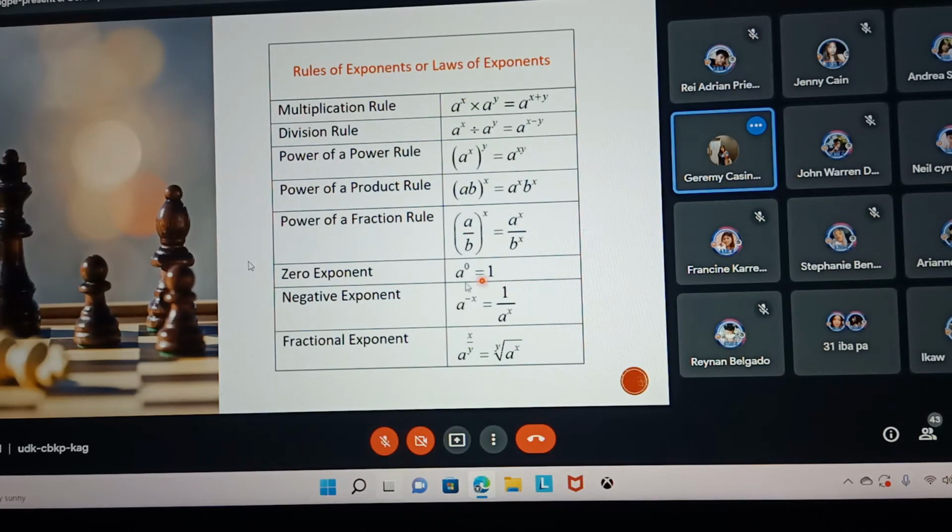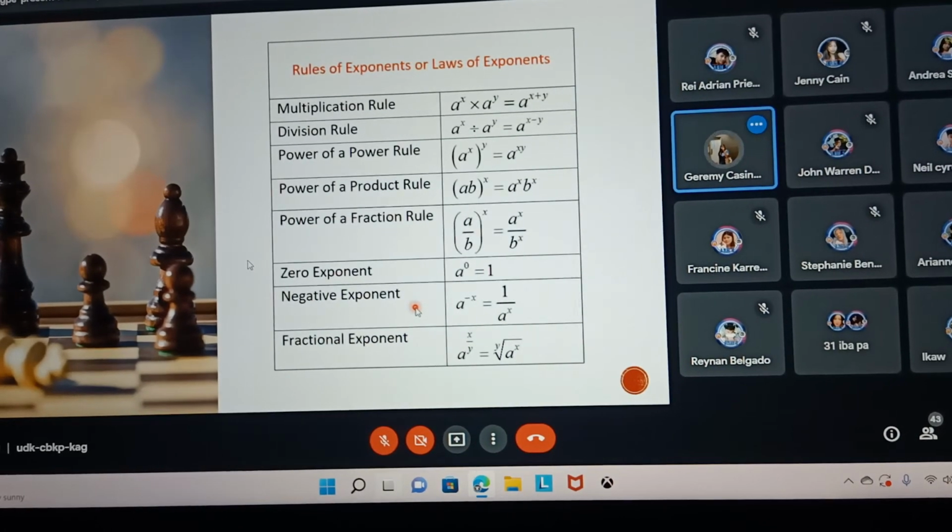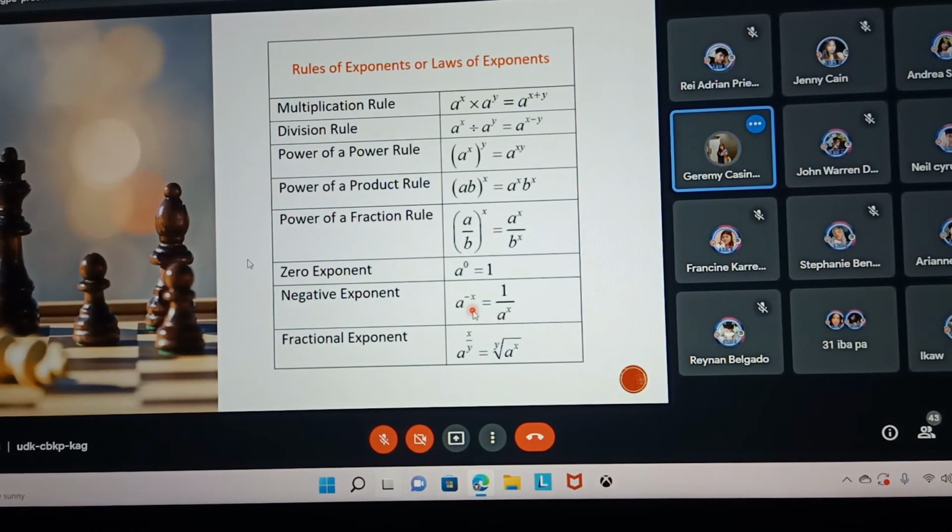Okay? Next, negative exponent. So, bawal kasi ang merong negative exponent. So, para maging positive ang ating exponent, magiging fraction form siya. Ibababa natin siya, or i-reciprocal. Diba? Kapag meron tayong number, always remember na ang denominator niyan is equal to 1.